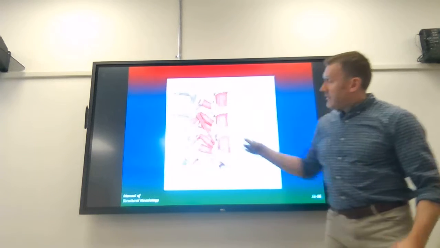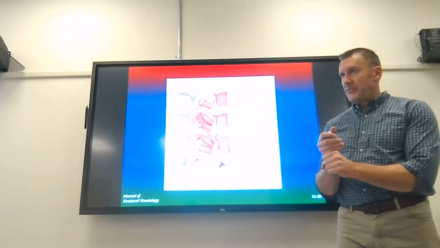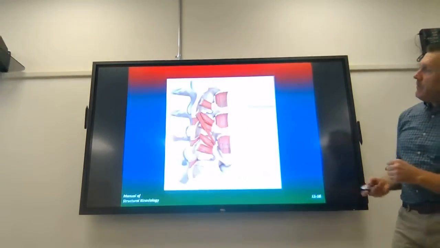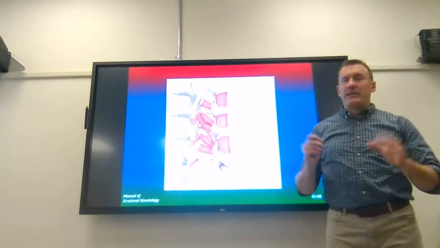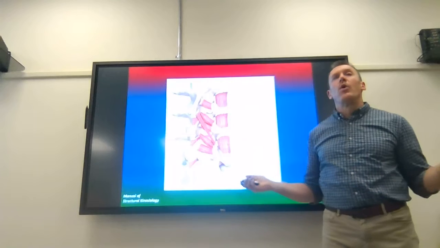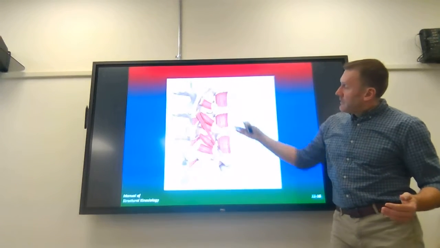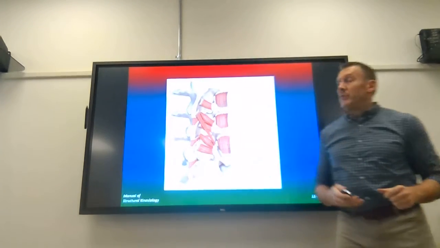So we have to have this spine stay in just the right position. So very, very important that we have these muscles that act as stabilizers. So we could say they're core stabilizers because they have these muscle spindles that keep the vertebrae in the right alignment.